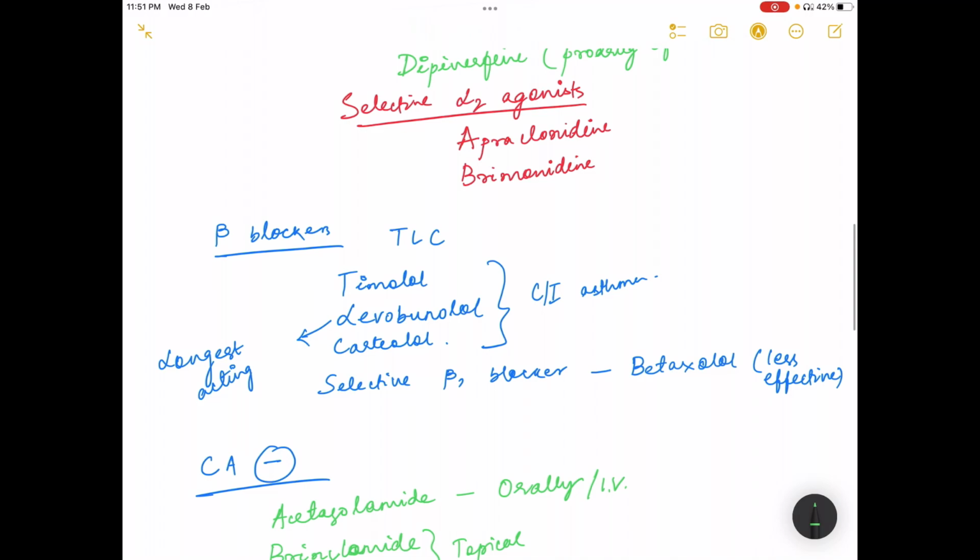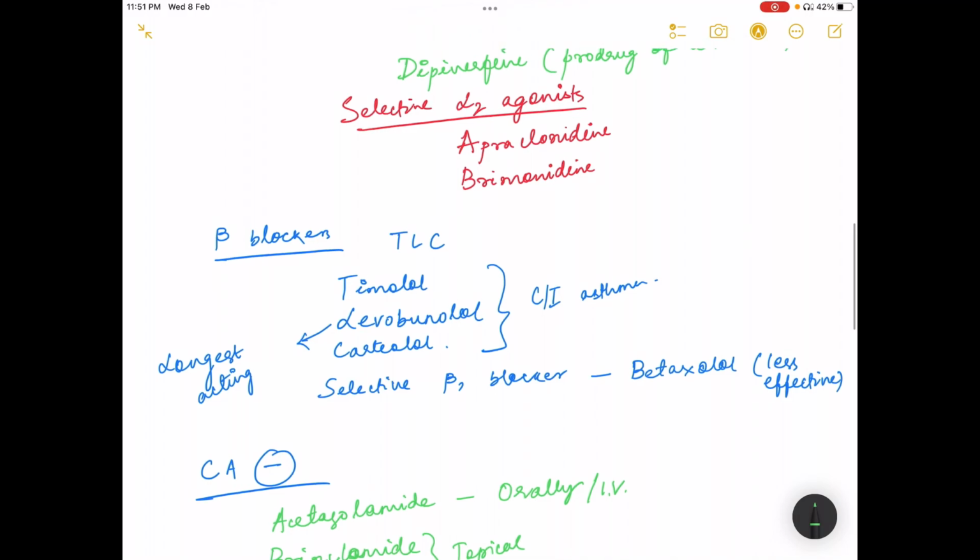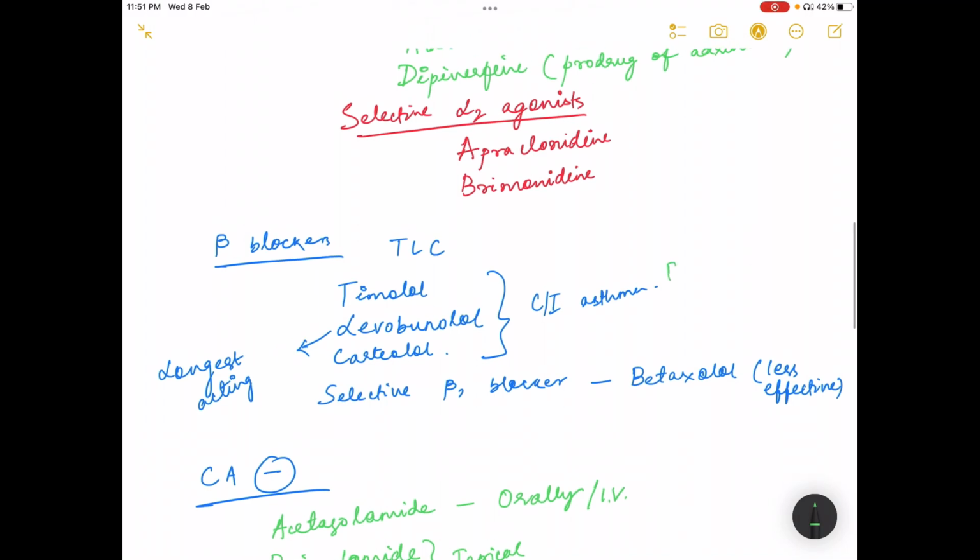The beta blockers are contraindicated in cases of asthma, bradycardia or AV block, CHF, and diabetes.